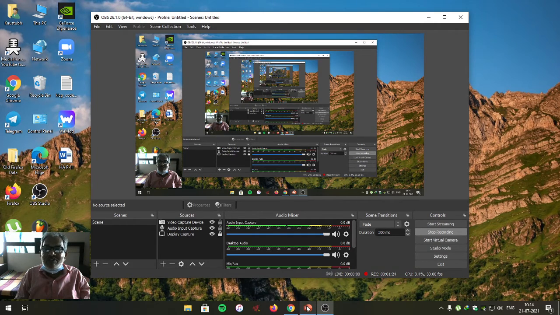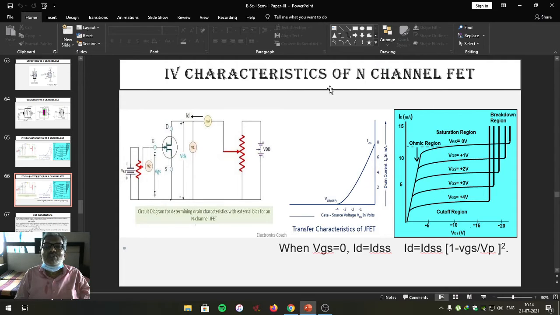And today, friends, we are going to study the current voltage characteristics of N-channel FET, that is known as IV characteristics of N-channel FET.